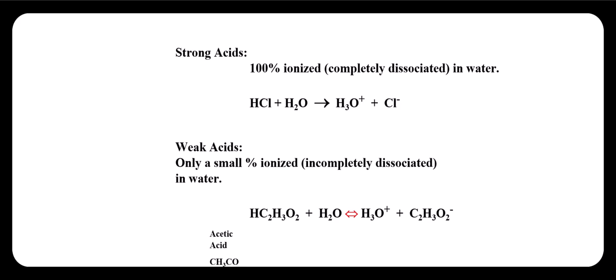And actually, from here on in, we're just going to talk about acids. Everything we say works for both in terms of what we're going to apply, but it's easier to just focus on one. So we'll focus on acids. If the acid only dissociates a small amount or ionizes a small amount, that's a weak acid.